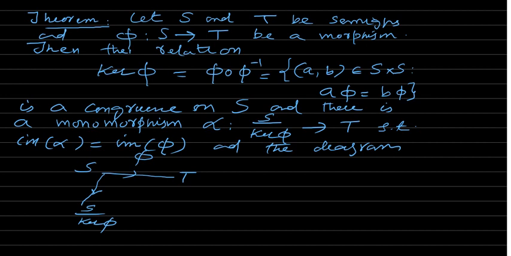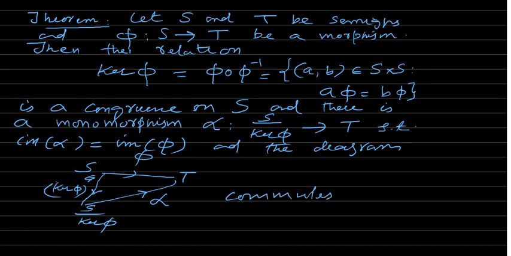S over kernel of phi is a semigroup, and the map is the natural map, which is rho natural. Here rho is kernel of phi, it's kernel of phi natural. This is a map from S to S over kernel of phi, and we have a morphism from S over kernel of phi to T. This morphism, which is alpha, is such that this diagram commutes.